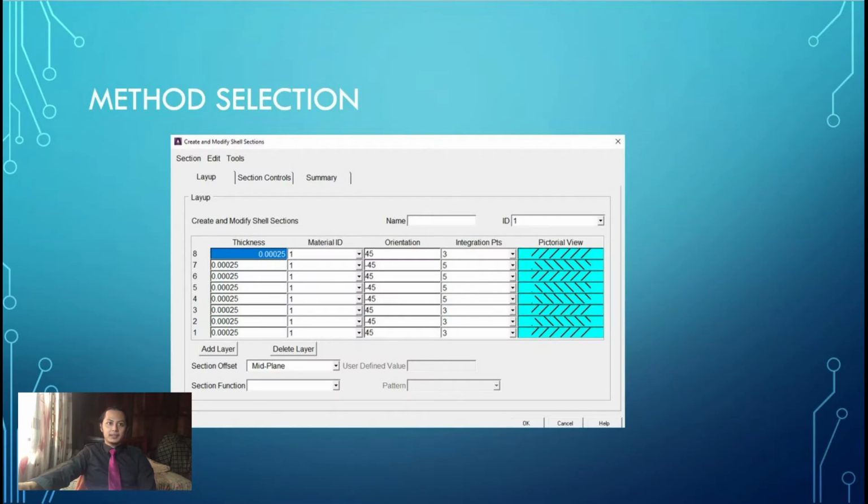For the method selection, the symmetric angle ply sequence was chosen to implement in all types of fiber reinforced composite laminates. Figure shows the example of angle ply orientation setup for 45 and negative 45 degree to symmetry in ANSYS software.